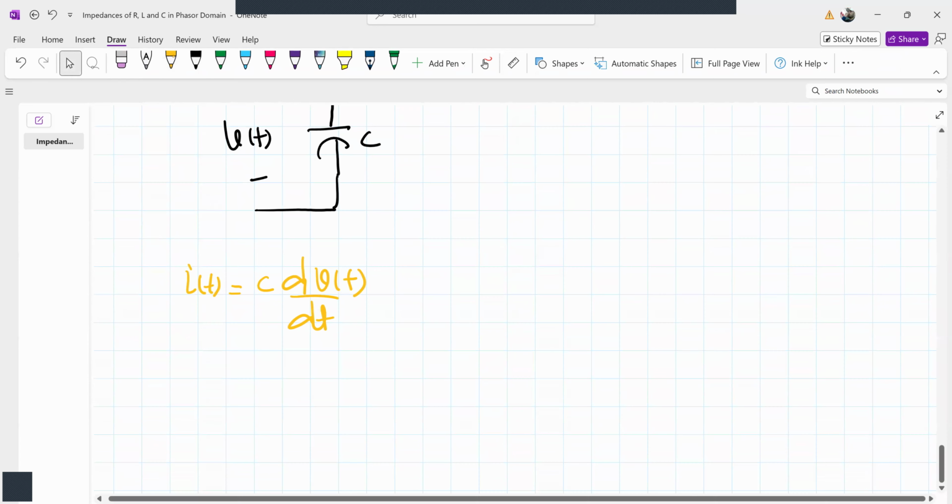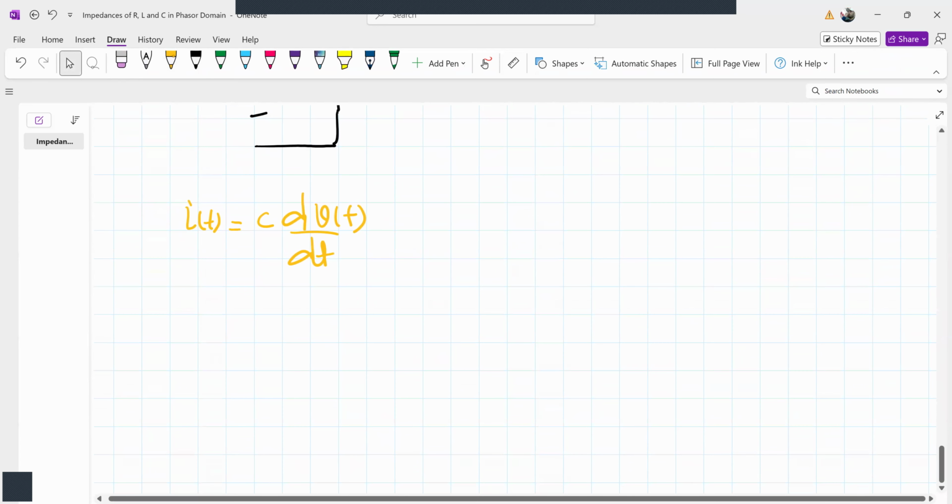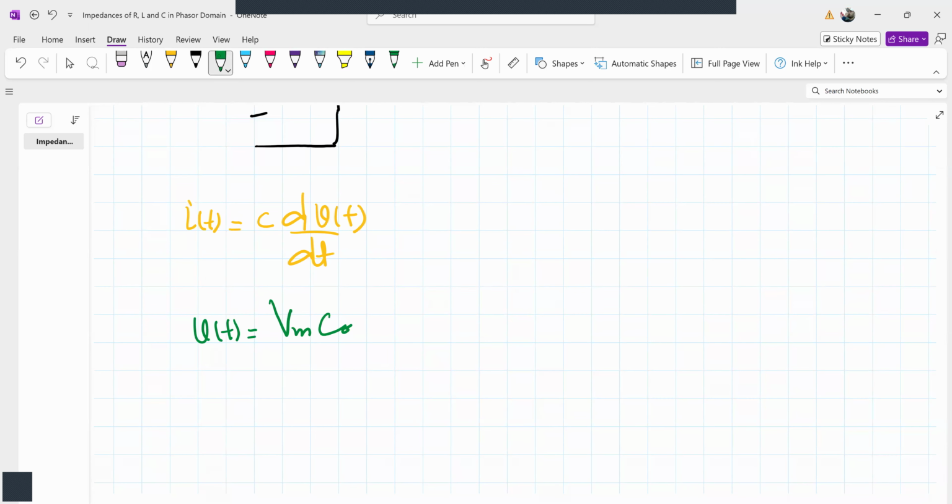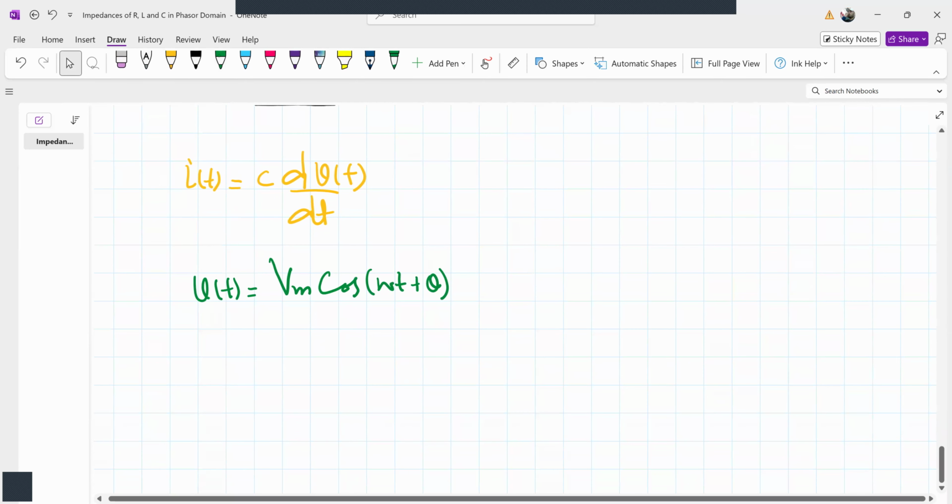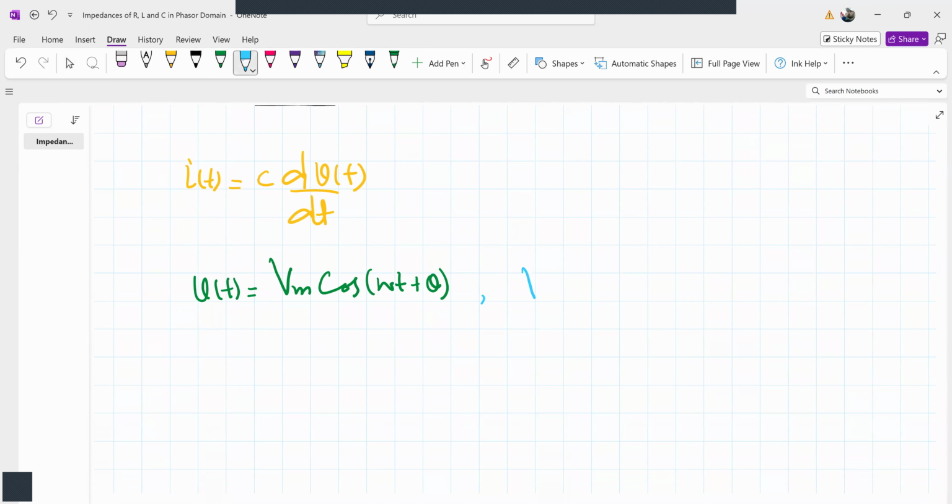Now let's assume the voltage in the capacitor is given as V of t equals Vm cos(omega t plus theta). So this is the voltage at any instant of time. Now we can write this in phasor form as the V phasor equal to Vm at an angle of theta. So this is the phasor representation of this voltage.